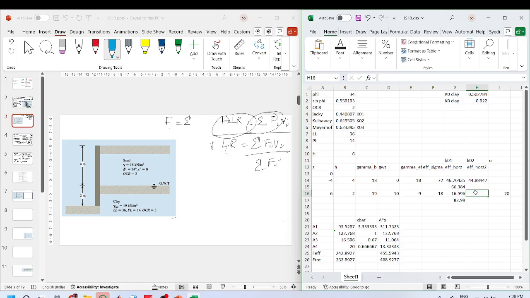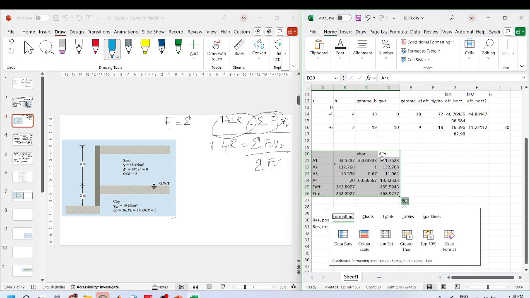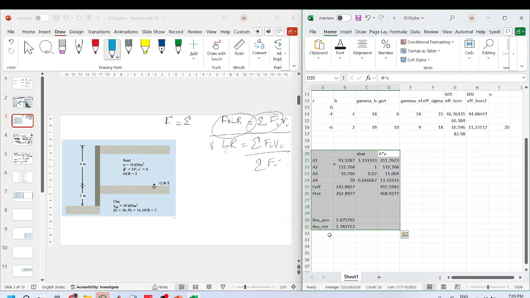This will be the same, and this will be this into Meyerhof. And then this will be the same, and all of it the same.